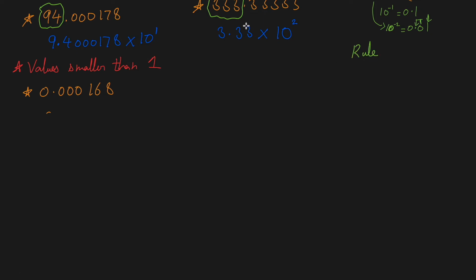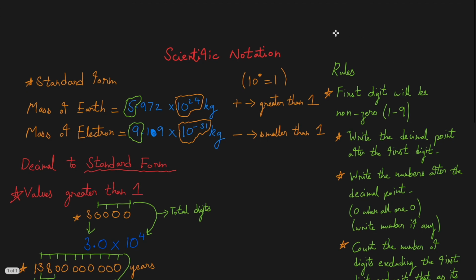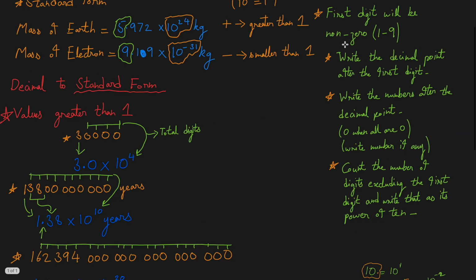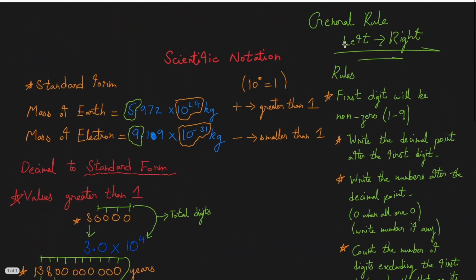Now we will follow the rules for the values that are smaller than 1. So what will be rule number 1? Rule number 1 will be the same as the other one: write the digit as it is, but as you already know, the general rule is left to right. We will always go from left to right.